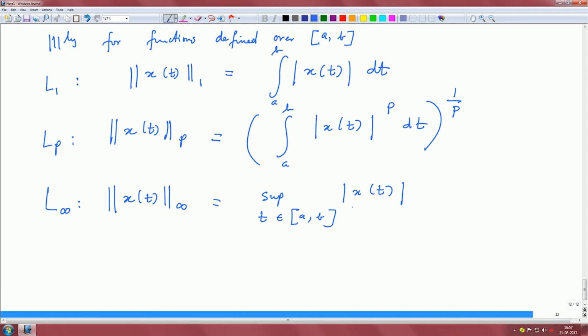You can't exactly get the maximum, you have a sequence of bounds, and you want the tightest bound to the modulus of x(t). That is the meaning of this supremum, and this is of course for 1 less than or equal to p less than infinity. Okay.